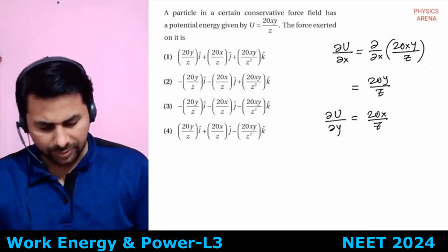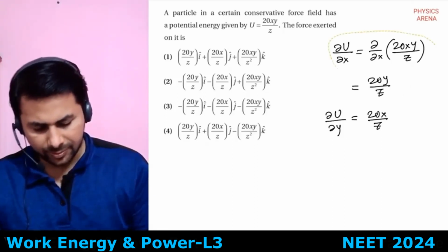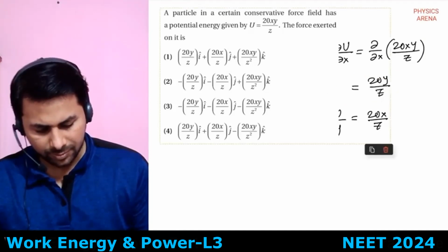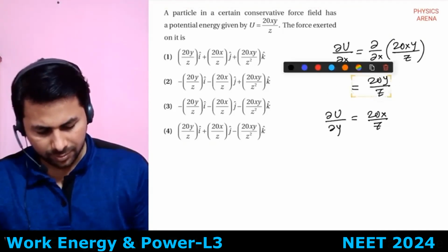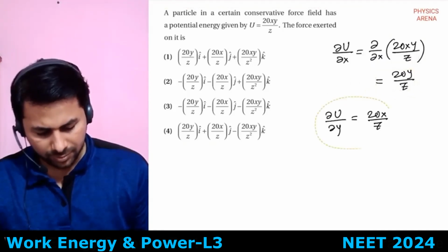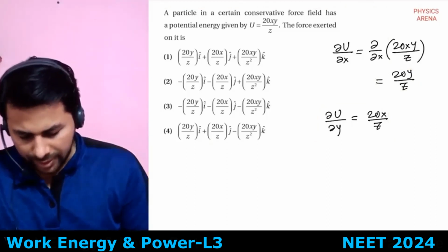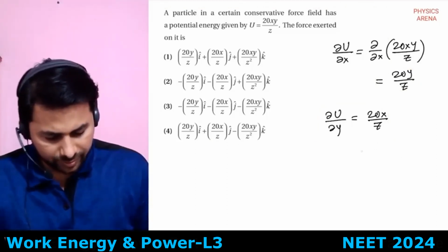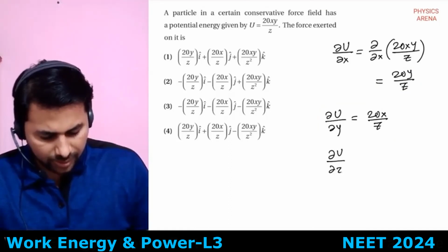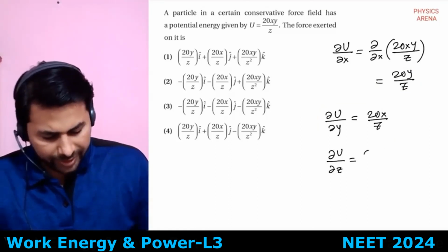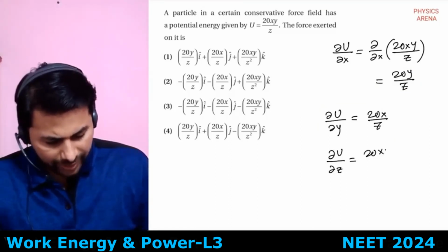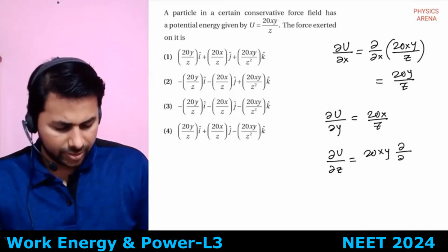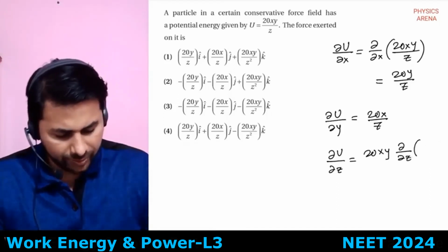Next you have the derivative with respect to z. Let's take the derivative with respect to z. We can take 20xy common, so del by del z of 1 upon z.